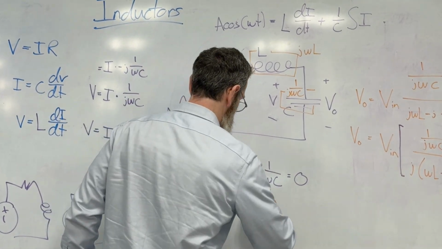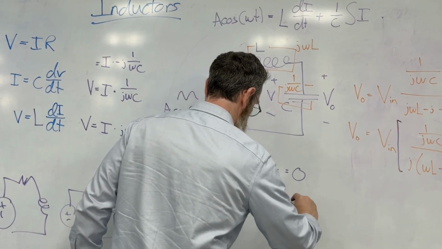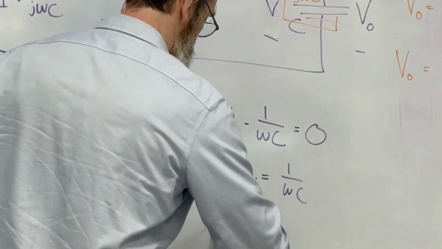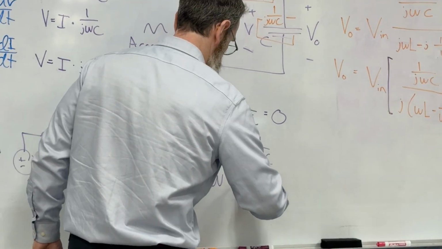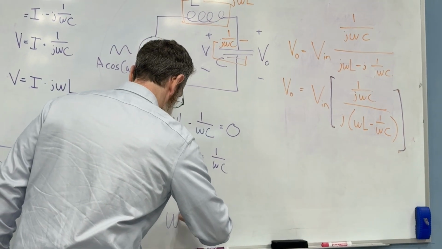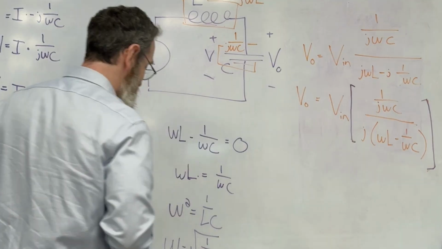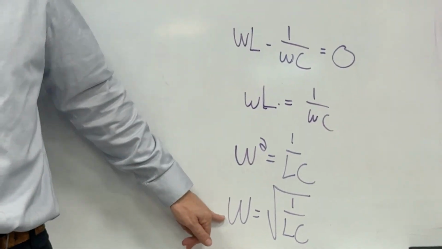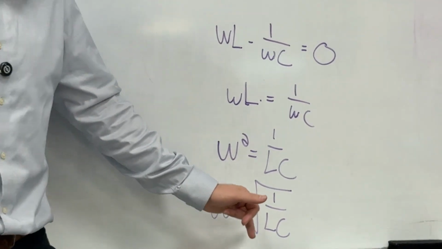So what I'm going to say here is this is the same thing as ωL equals 1 over ωC, or in fact, ω squared is equal to 1 over LC, or ω is equal to the square root of 1 over LC. So if the frequency happened to be the square root of 1 over LC, now what does that mean?